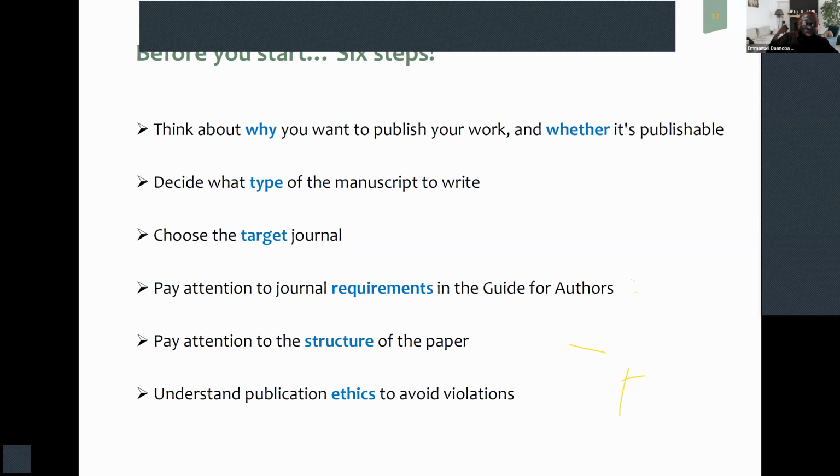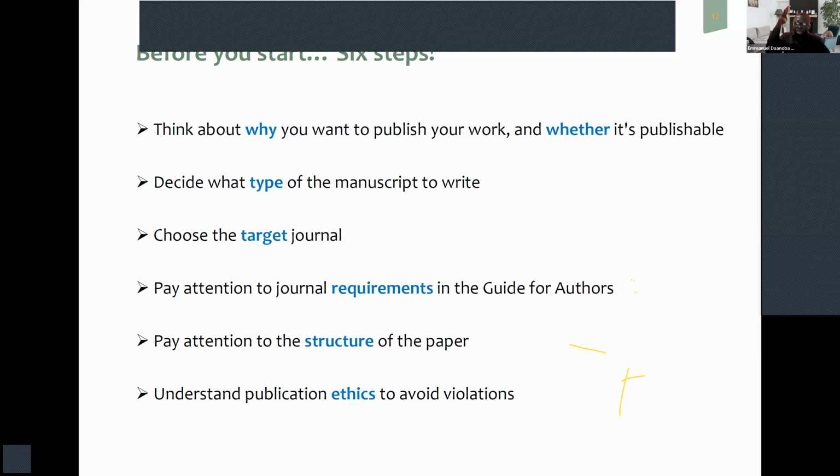Then you must also follow publication ethics to avoid violations. All right? Those of you who are into biological sciences sometimes have to deal with human subjects. So you have to get ethical approval before you go to interview or take samples from human subjects.